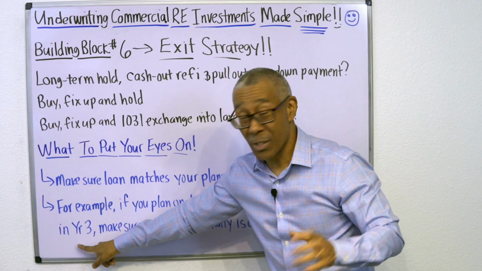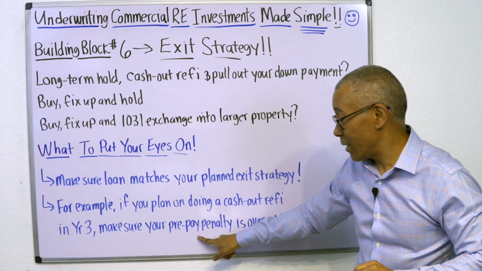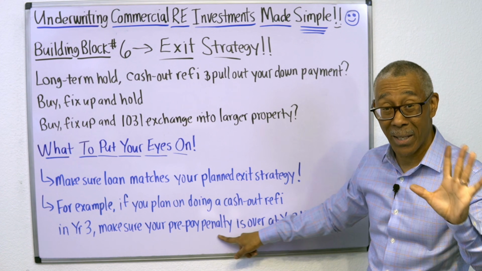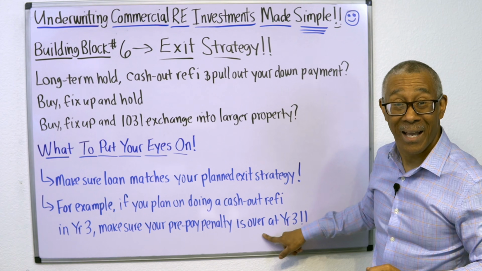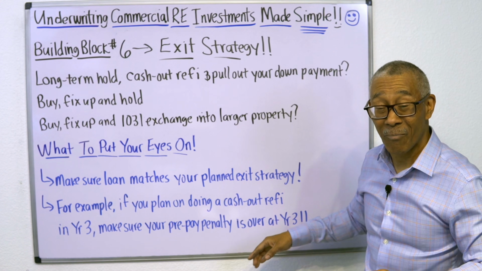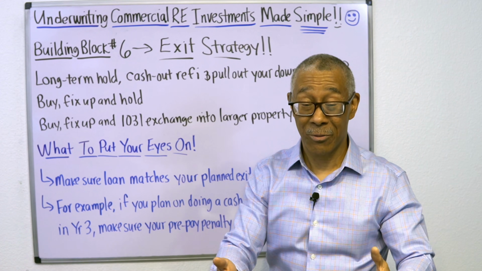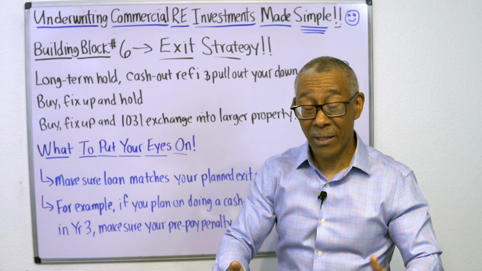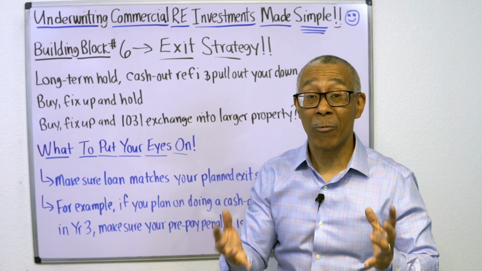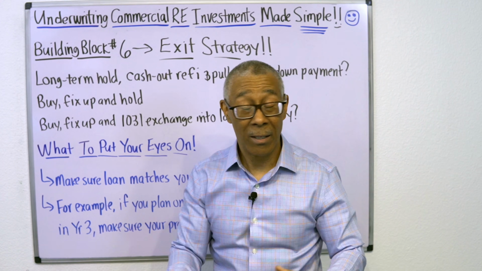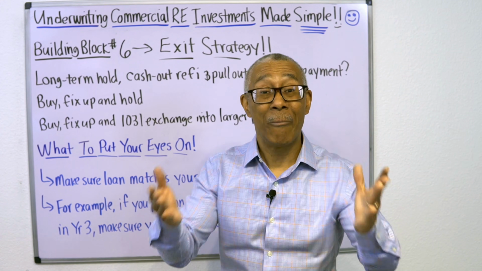You want to do this in year 3. Make sure that your prepay penalty expires at year 3. If not, if you want to get a new loan, guess what? You have to pay a prepay penalty. So planning your exit strategies is really, really important. If you need help with that, go ahead and let us know how we can help you.